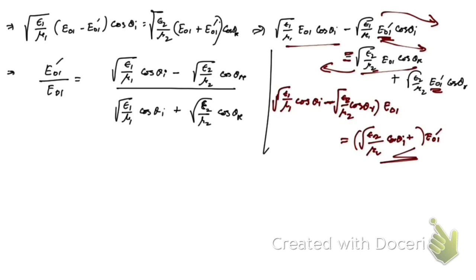Then from these two you can obtain this ratio, right? It's supposed to be epsilon 1 and mu 1, and epsilon 2 mu 2, and here we should get cos theta r, right? So that's what we're going to have now.